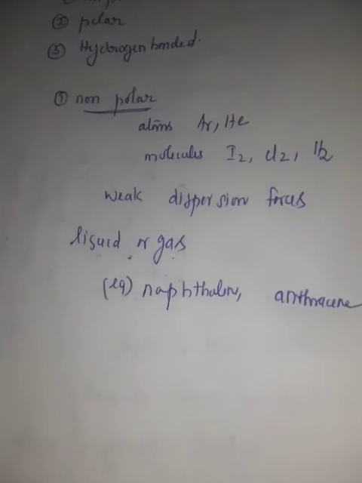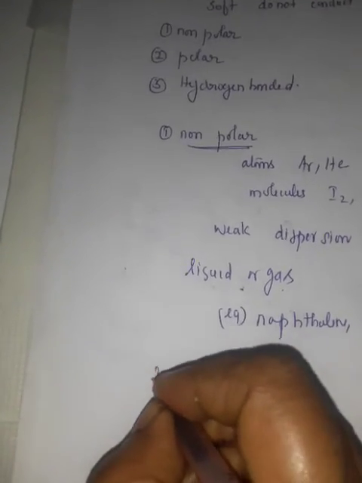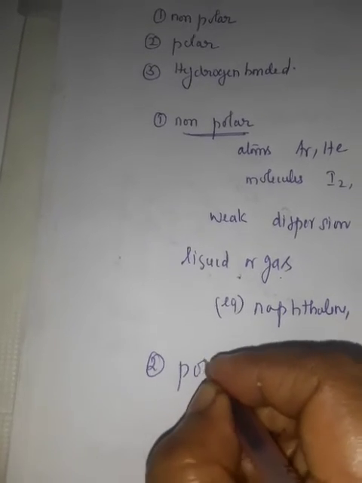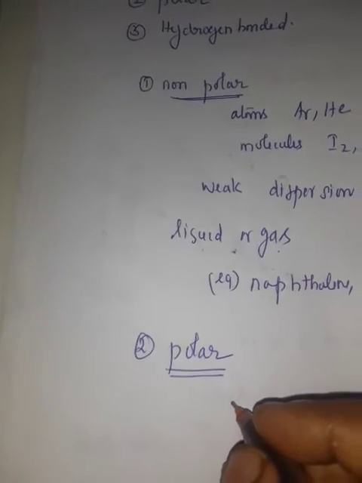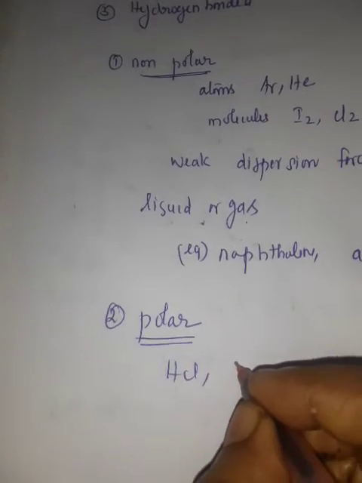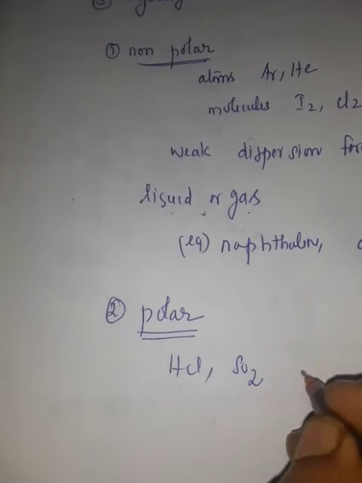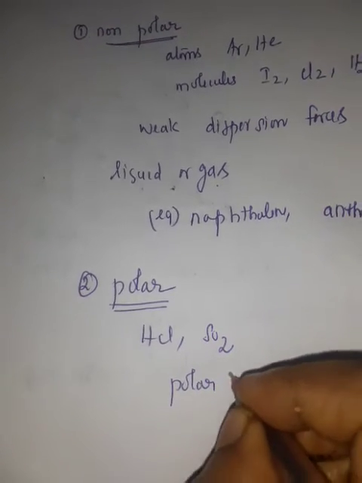Next one is polar. Polar means dipole, positive and negative charges. That is called a dipole. Polar molecular solids. Here the molecules like HCl, SO2, sulfur dioxide, etc. are formed by polar covalent bond.